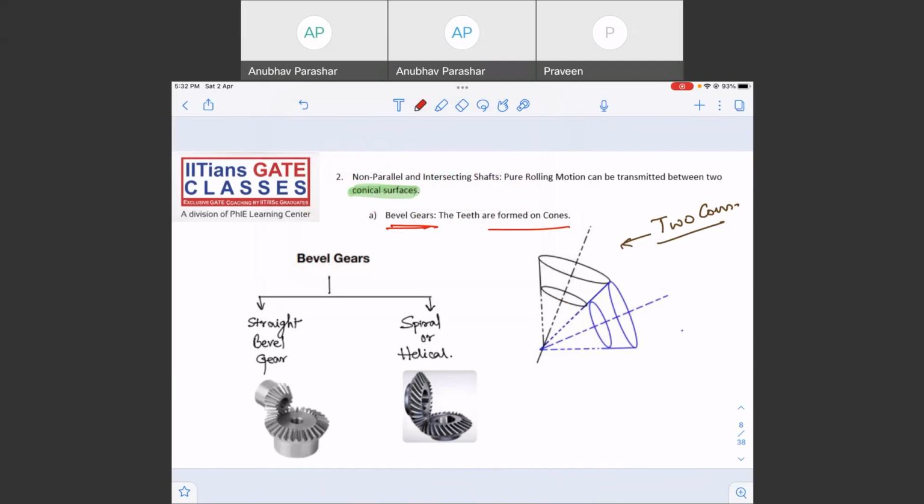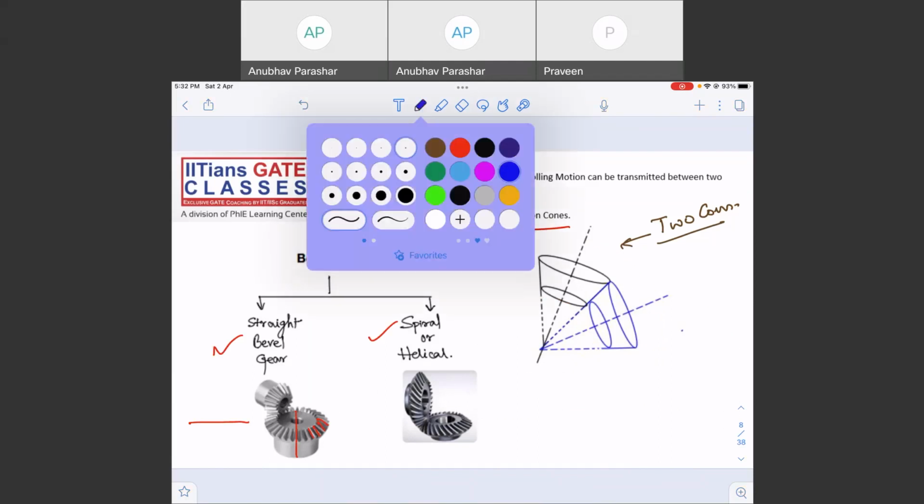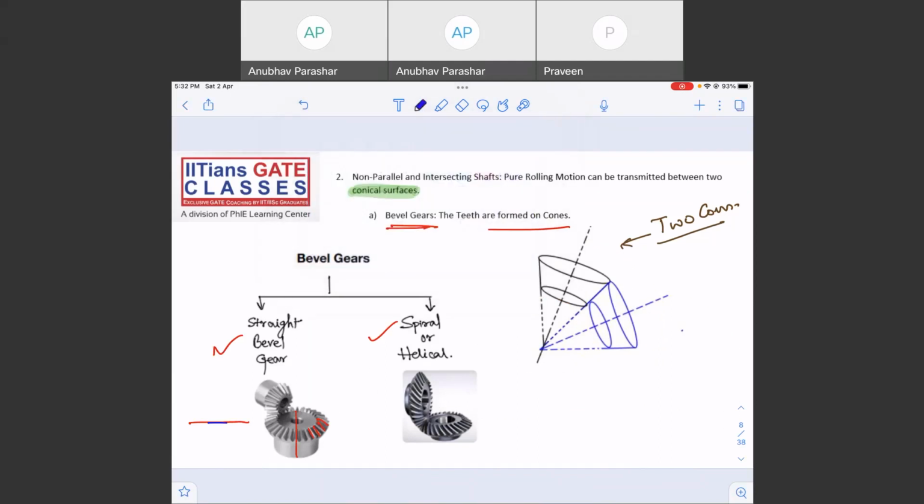Now, bevel gears can again be classified into straight bevel gear or spiral bevel gear. If the gear teeth are parallel to the axis of rotation, suppose this is the axis of rotation and the gear teeth are something like this, then it is known as a straight bevel gear.